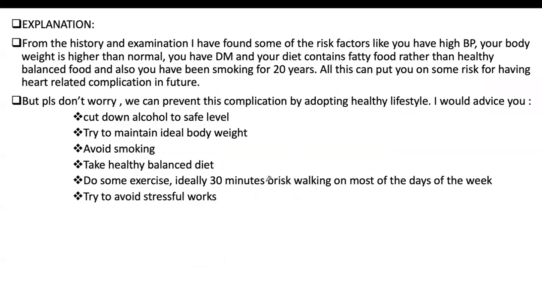So you'll say, from the history and examination, I found that you have some risk factors, which is you have high blood pressure, your body weight is higher than normal, you have diabetes, your diet contains fatty food rather than healthy balanced food, and you have been smoking for the last 20 years. All this can put you at some risk of having heart-related complications in the future.